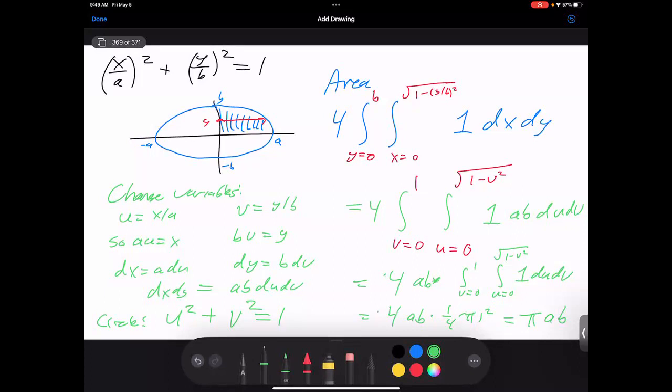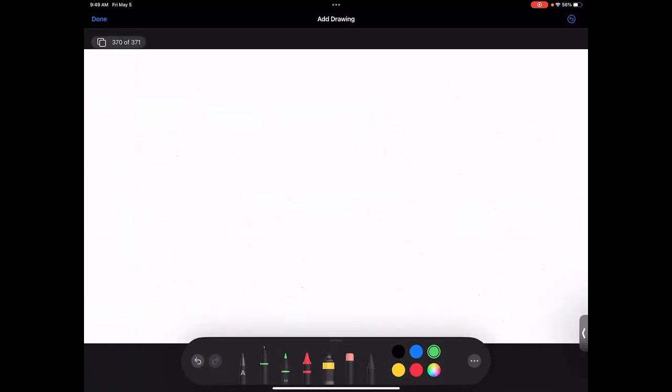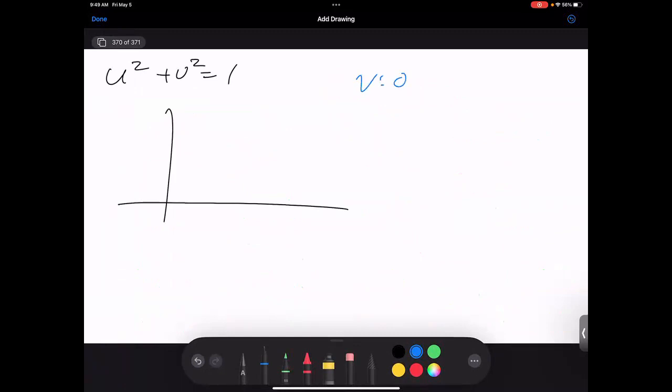So we actually just found this from the bounds of integration. If you look at what we're integrating, we have u squared plus v squared equals 1. We have v goes from 0 to 1, and u goes from 0 to the square root of 1 minus v squared.